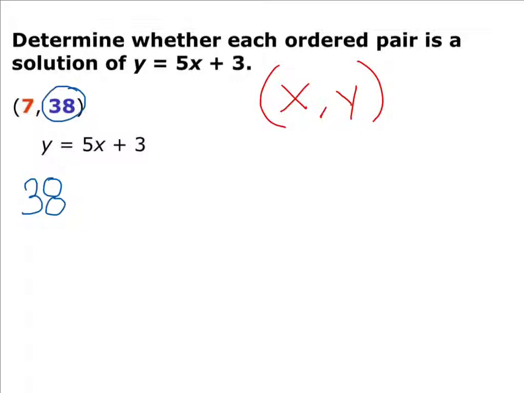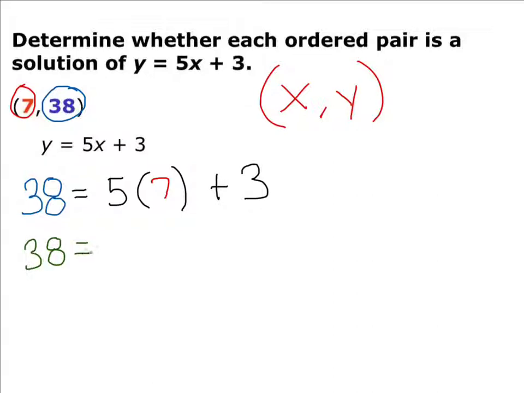And then I'm going to set that equal to 5 times x, which our x is 7, so I'm going to put my 7 in here, plus 3. Okay, now I can go ahead and solve that. I know 38, obviously that's going to stay 38, equals 5 times 7 is 35, plus 3. Well, 35 plus 3 is 38, so 38 equals 38. So that one is a solution.